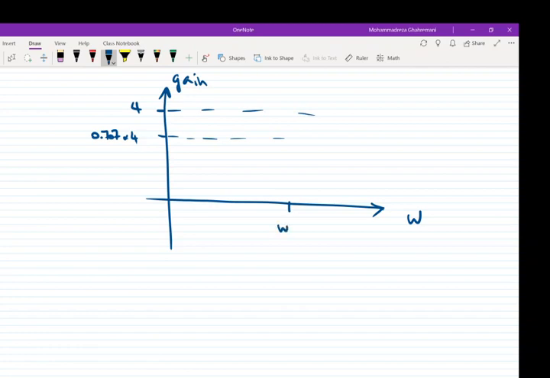Here is omega c, which is 100 radian per second, and here is the signal. This one is the frequency response of this filter.